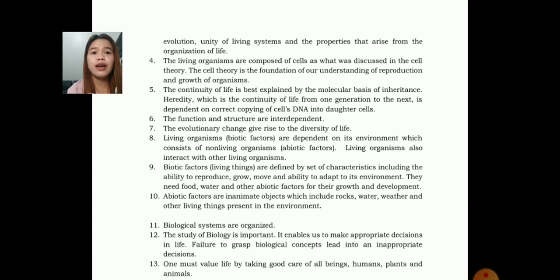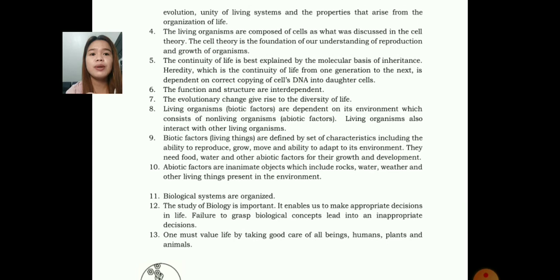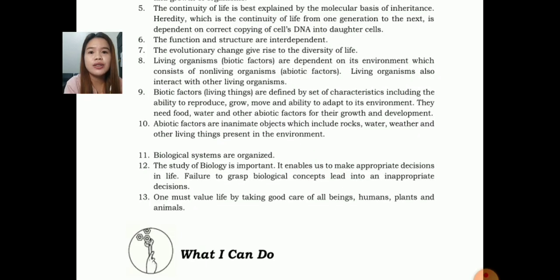Number 9, biotic factors or living things are defined by a set of characteristics including the ability to reproduce, grow, move, and adapt to their environment. They need food, water, and other abiotic factors for their growth and development. 10, abiotic factors are inanimate objects, which include rocks, water, weather, and other non-living things present in the environment. 11, biological systems are organized. 12, the study of biology is important.